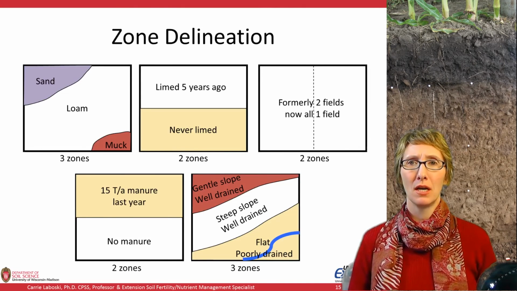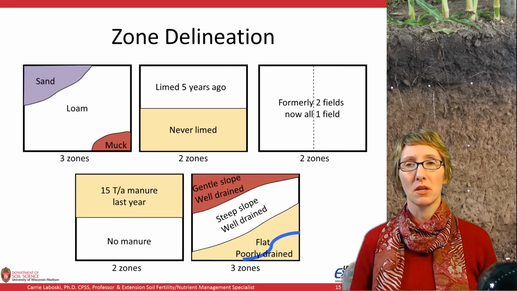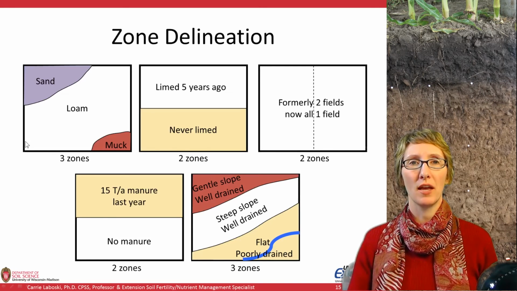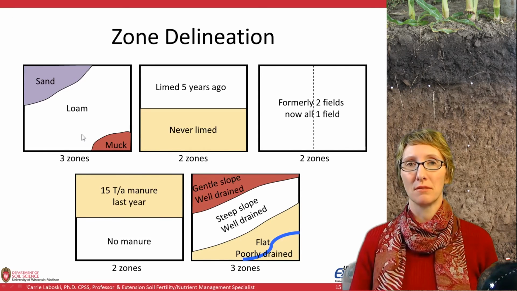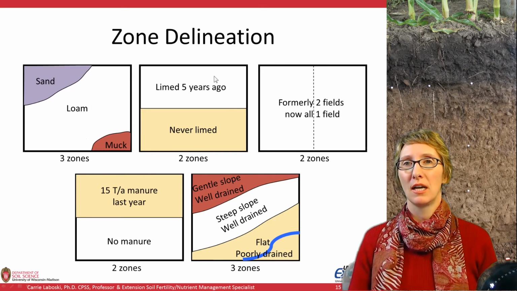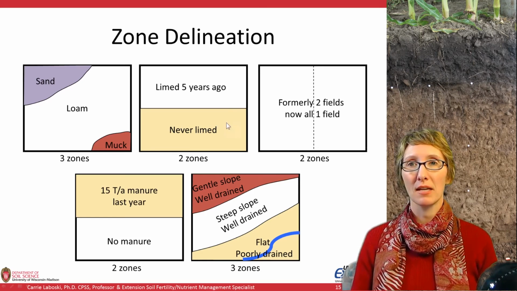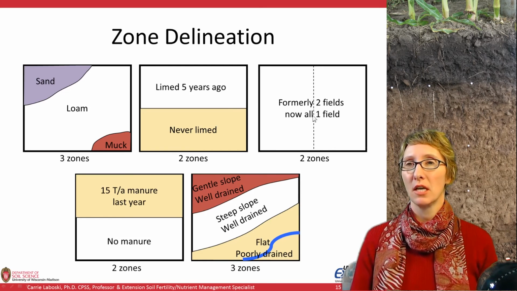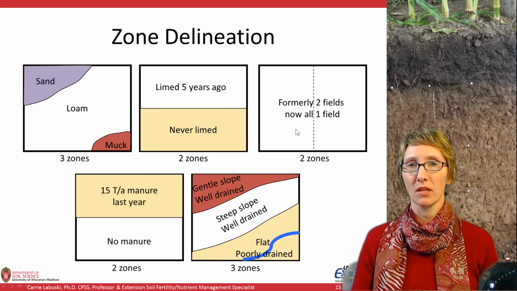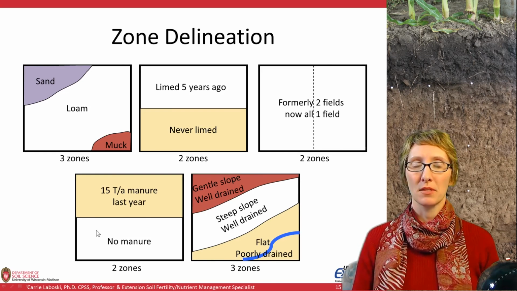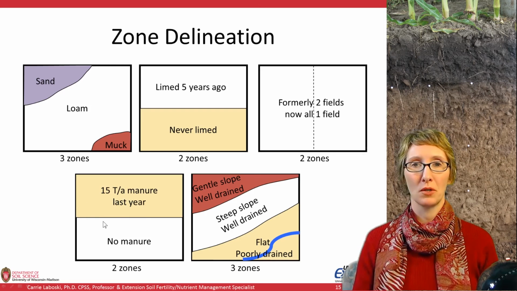And here are just a few examples of different types of zone delineation. We have differences in soil type across the field, places where we had lime versus no lime in the past. The example I previously gave, 2 fields are now 1. This happens frequently. You've got manure applied last year versus no manure.